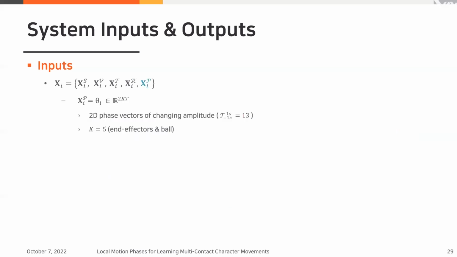Is the ball also physically simulated by the system according to the input from the user, or is it separately given? In the runtime, or? Yeah, so in the runtime, the motion of the character will be simulated. Okay, but then how about the motion of the ball?